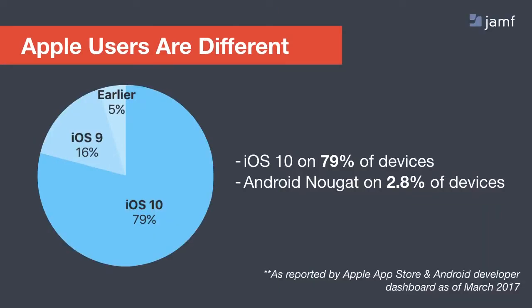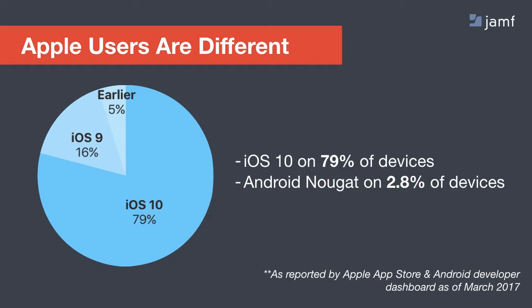We talk a lot about zero-day support around release time here at Jamf, and one of the reasons we have to do that is because things are just a little bit different in the Apple world. Currently, 79% of iOS devices in the wild are running the latest major release of iOS, iOS 10. When you compare that to Android Nougat, only 2.8% of devices are running that.